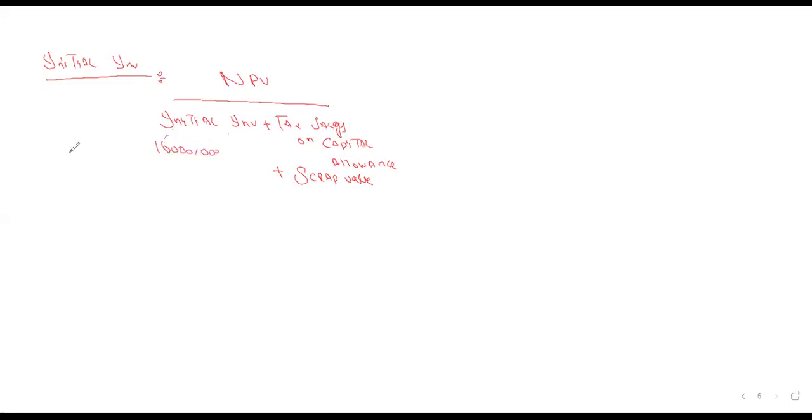Now, as you know, what was happening in year 1, 2, 3, and 4. Here we were having the capital allowances. In the last year, there was a balancing allowance. Do you remember?